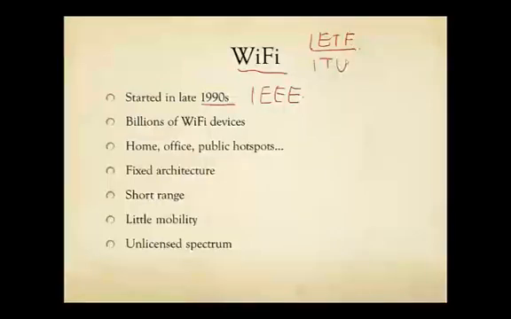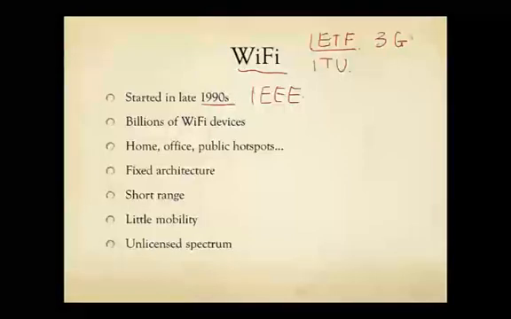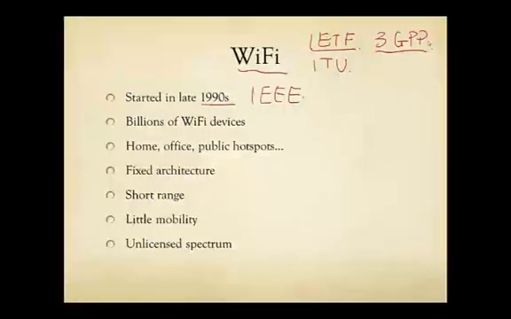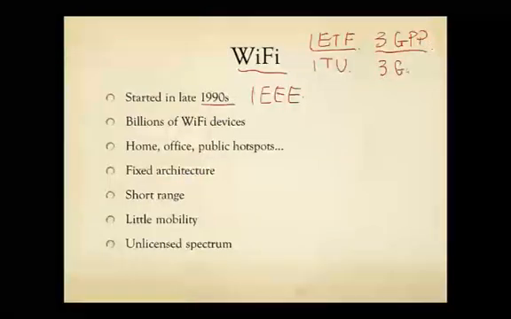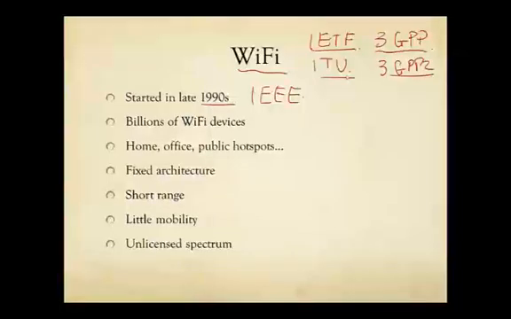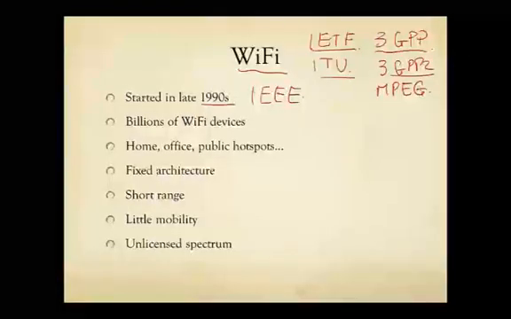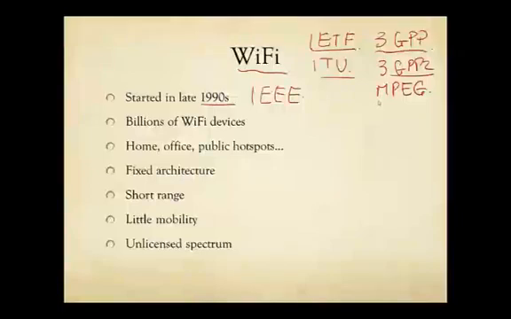You've seen ITU, and you've seen in the cellular world the so-called third generation standardization bodies 3GPP and 3GPP2, and indeed there are quite a few other standardization bodies such as MPEG, such as DSL Forum, WiMAX Forum. Some of them are less restrictive than others in terms of the standards that they issue.